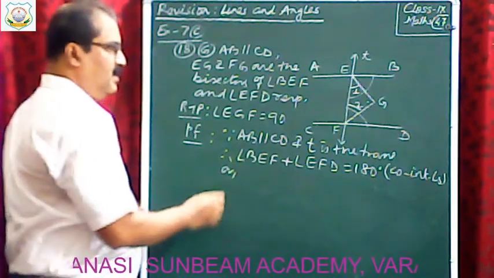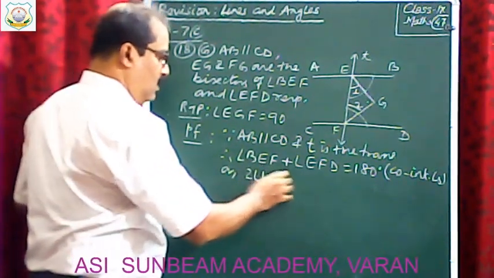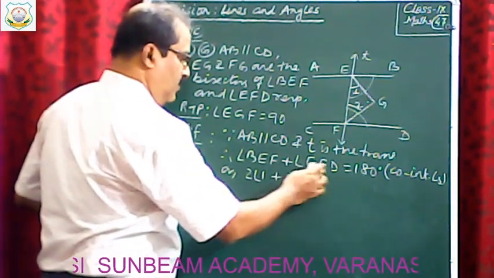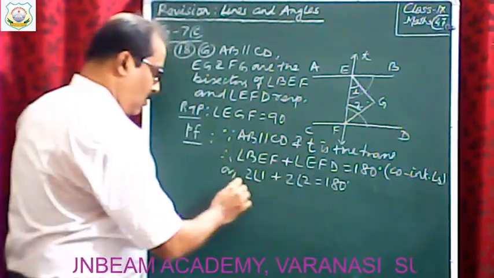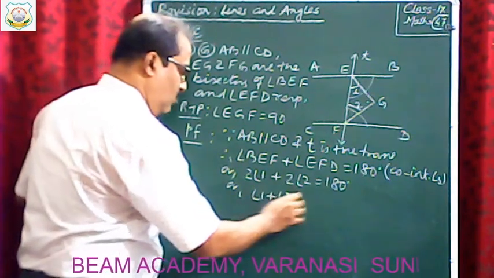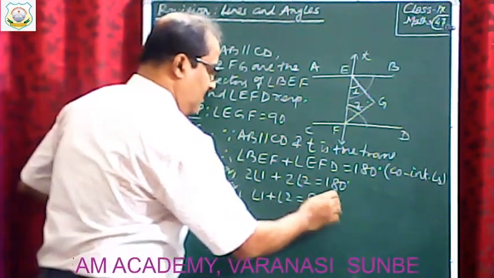Or in place of BEF, you have to write 2 angle 1, plus in place of EFD, write 2 angle 2, equals 180 degree, or angle 1 plus angle 2, dividing by 2, you get 90 degree.